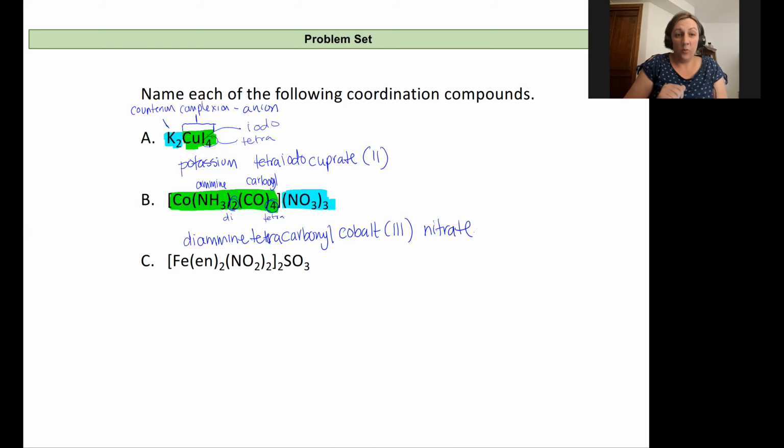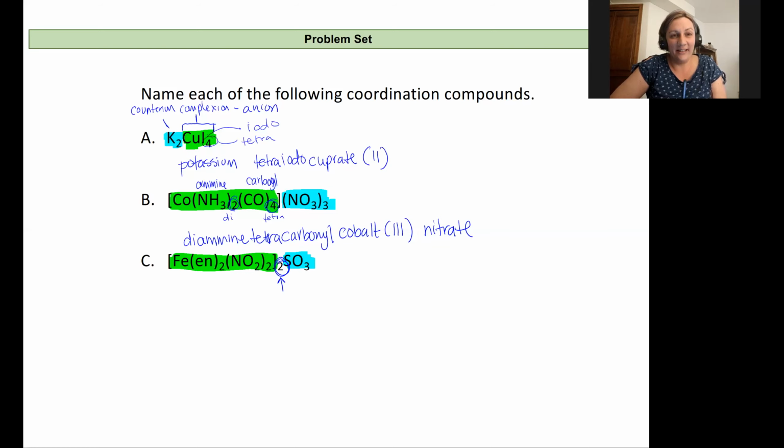We have another one where our complex ion is our cation, which simplifies some of our metal naming. And we have an anion that is a polyatomic ion, sulfite. Something I want to draw your attention to on this one is, I have 2 complex ions for every 1 counter ion, which is a little bit more complicated.